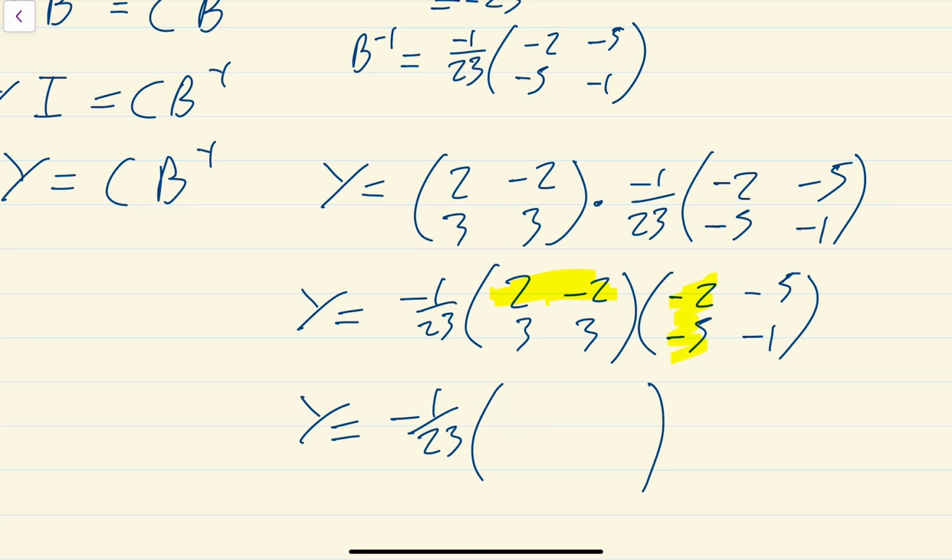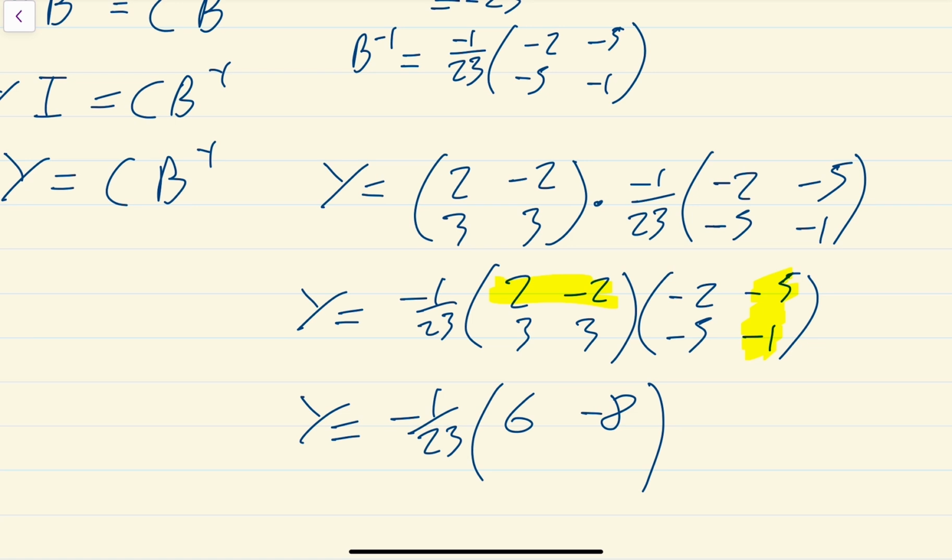I'm doing 2 times minus 2, plus minus 2 times minus 5, in one go on my calculator, just because it's easy to make mistakes, and what I got was 6. That was my element in the first row, first column. Next, first row times the second column: 2 times minus 5 plus minus 2 times minus 1 equals minus 8.